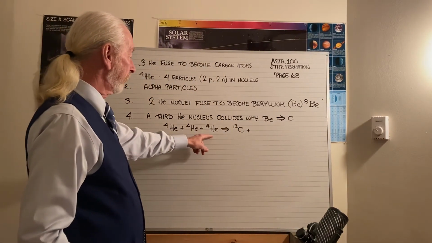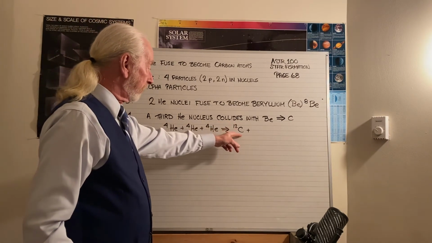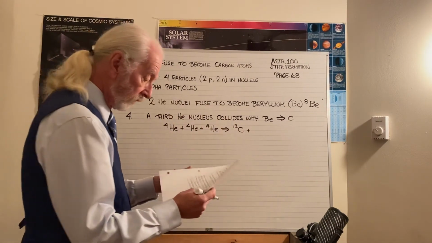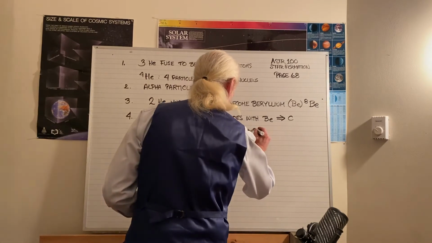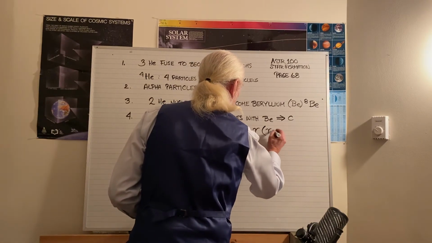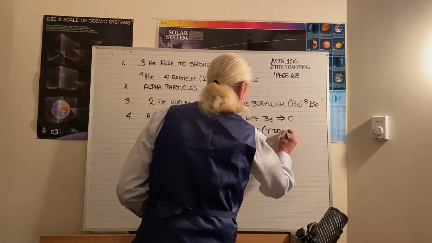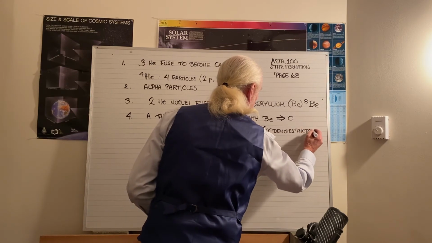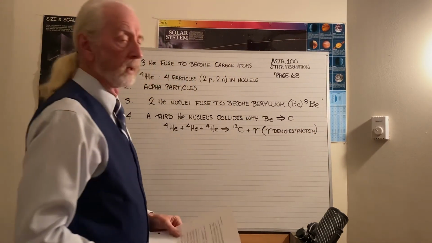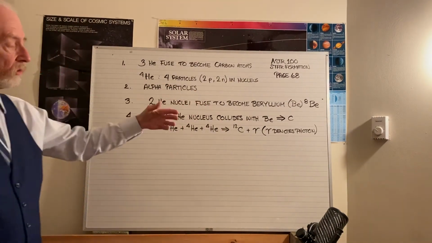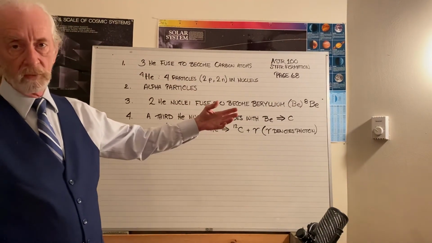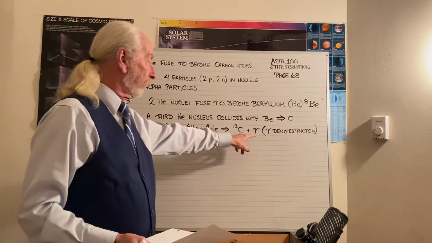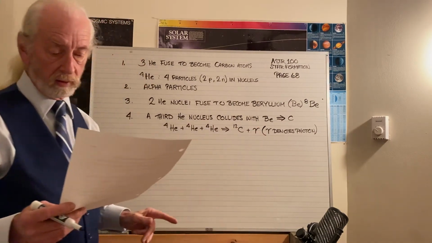Helium plus helium plus helium, 4, 4, 4, yields carbon, 12 nucleons, 12 particles in the nucleus, plus, in this case, a photon. So this fusion process releases photons. This is where the energy from fusion comes from. So when we talk about fusion releasing a lot of energy, that's where that energy is released in the form of that photon right there.